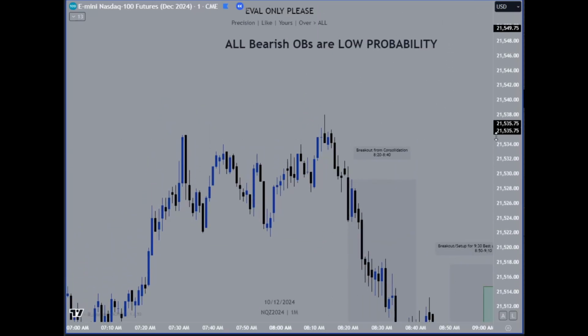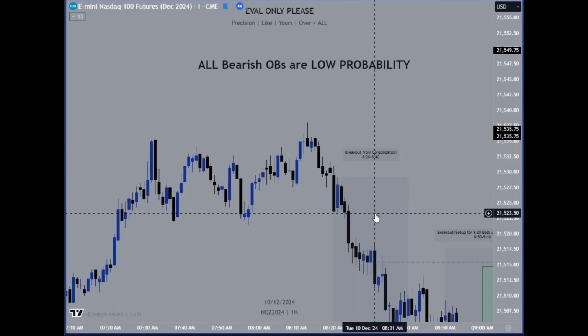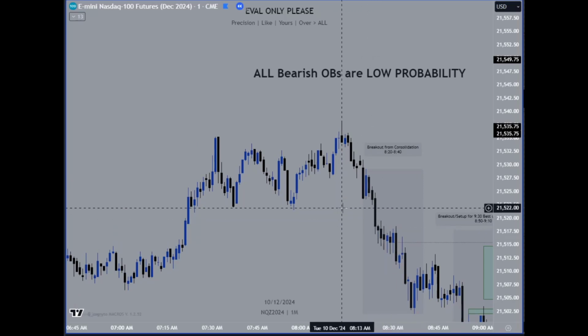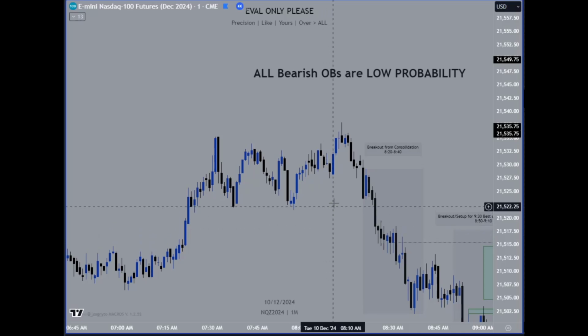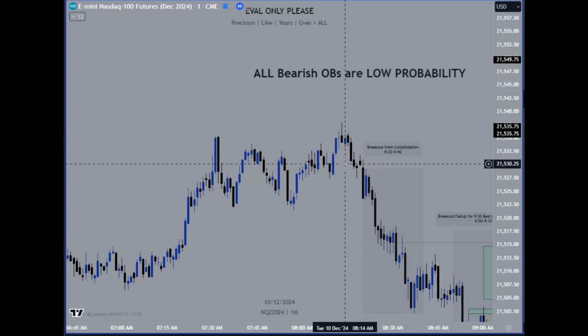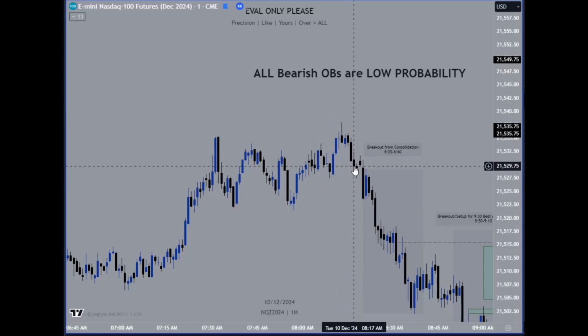So we're looking at a bearish order block example. So for an OB, there's a couple things you can do. I know I said it could be one candle, but you can group multiple candles together to create an order block because it's going to be a higher time frame order block.